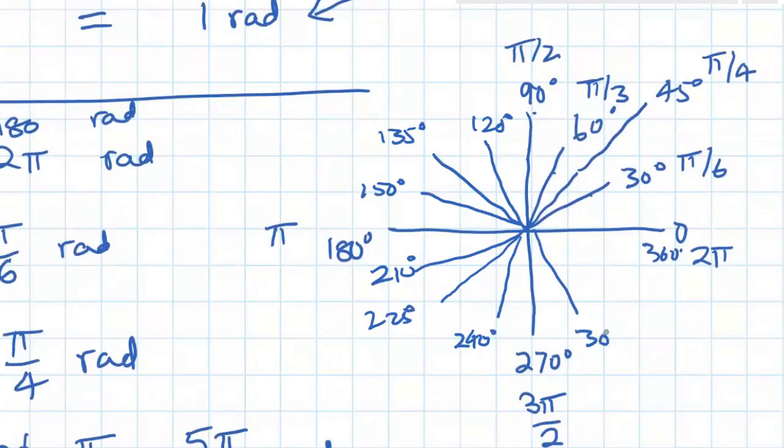This is 300, 315, this is 330. If you started looking from this side, it will be negative 30, negative 45, negative 60, negative 90. These are the special angles that we deal with most of the time.